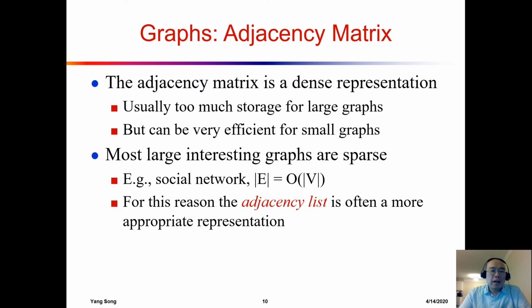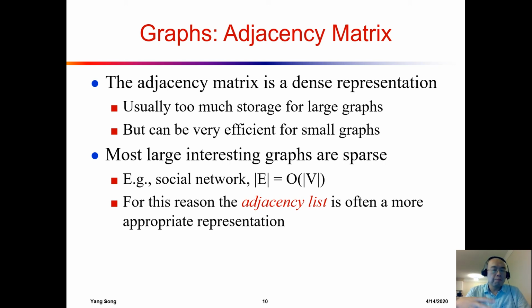The adjacency matrix is a dense representation, and usually it is too much to store a very large graph because it is an n by n matrix. If you are considering an n by n matrix of a social network, for example, all the users on Facebook or on Twitter, this matrix is very likely to be super sparse.